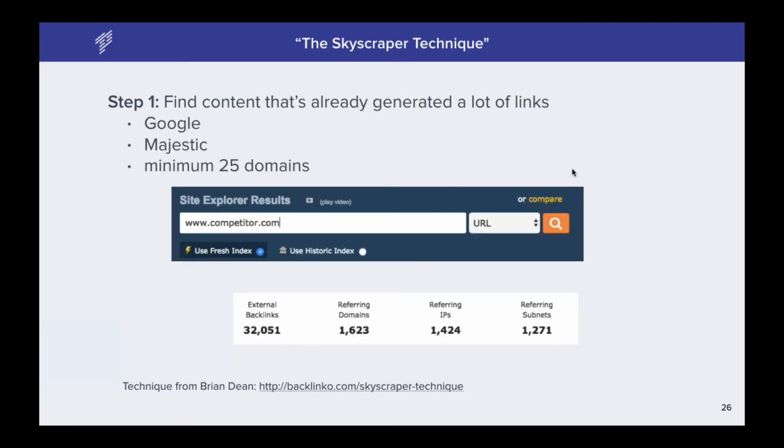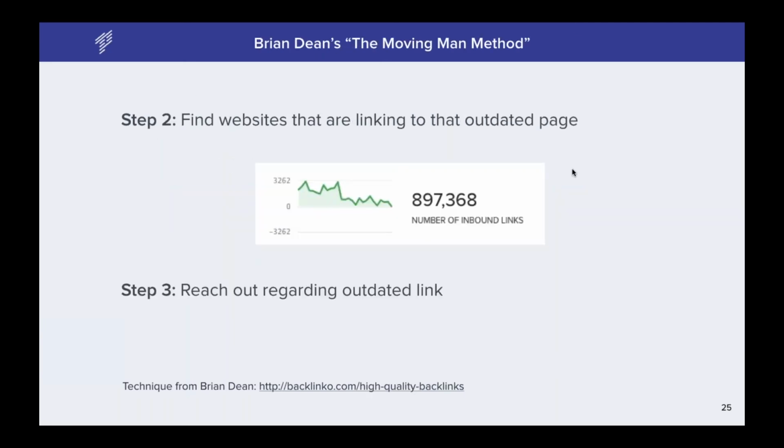As I said, you can do it in Majestic, you can do it in Positionally, and just look for those links that are pointing to this outdated page. Make sure you find what is valuable and what you would actually like to be pointing to you.